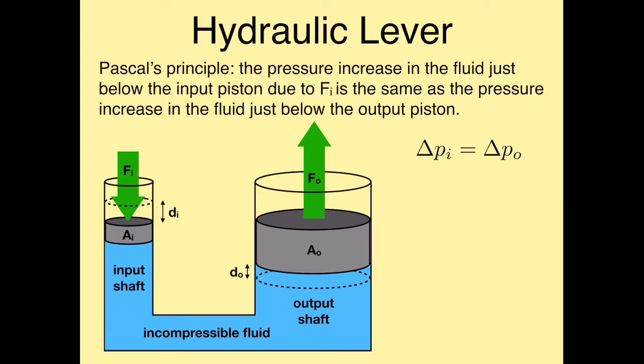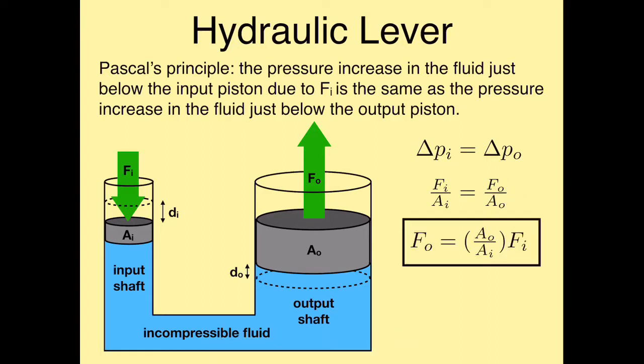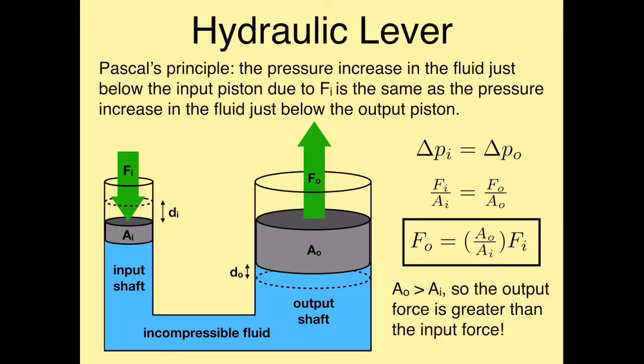And remember, pressure is force over area, so delta PI can be written as FI over AI, and delta PO can be written as FO over AO. And so if we solve for FO, if we want to know what the output force is going to be, that would be AO divided by AI times FI. And again, the idea here is AO is going to be greater than AI. This is a bigger piston than this one, which means this fraction is going to be a large number. So we're amplifying the force. We're getting a larger output force than the input force.